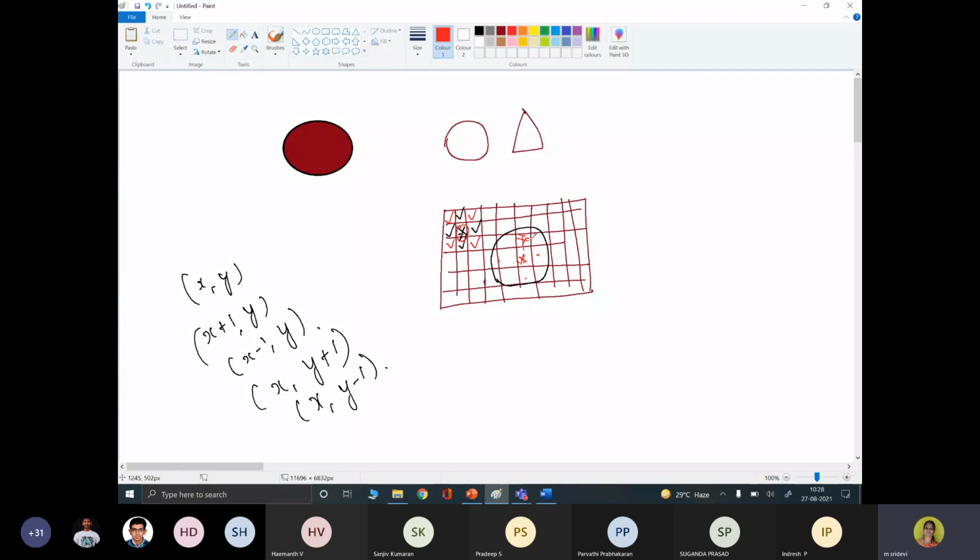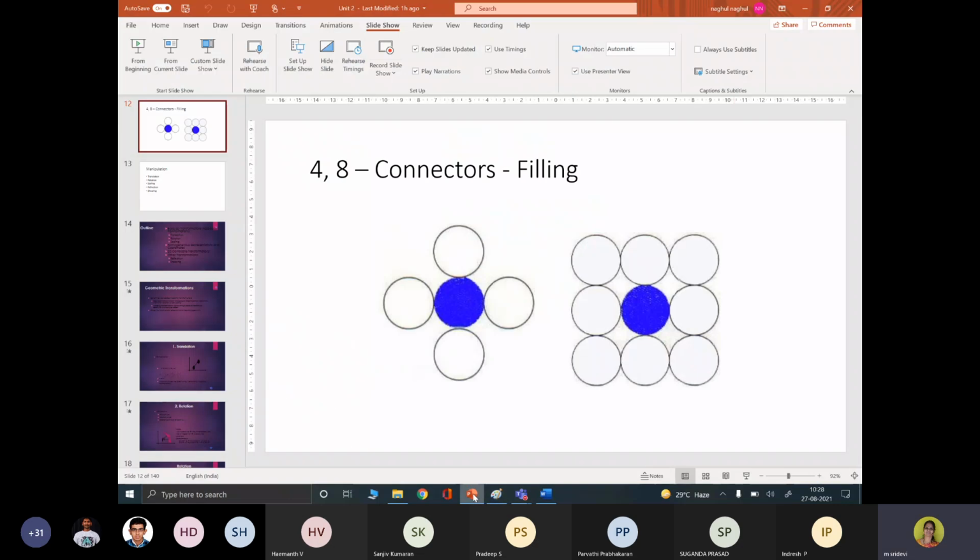If, when you reach a position, you see that the neighbors are boundary color, there is no need to fill with any color because it's already a boundary. Likewise, it will be performed in the case of 4 connectors and 8 connectors. Based on that, you can fill with the required color.